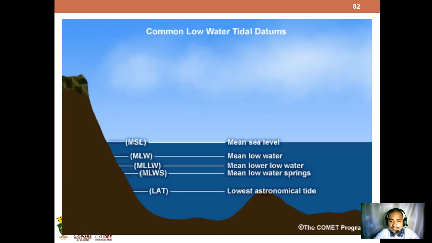So these are the differences between the tidal datums, no? We have mean sea level, mean low water, tanan low waters nga na-encounter, iyatong height, iyatong puhaan og average. MLLW or mean lower low water.